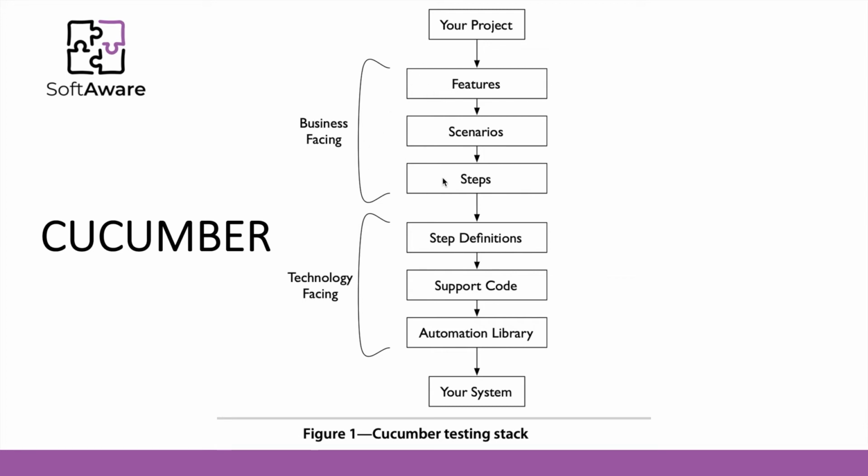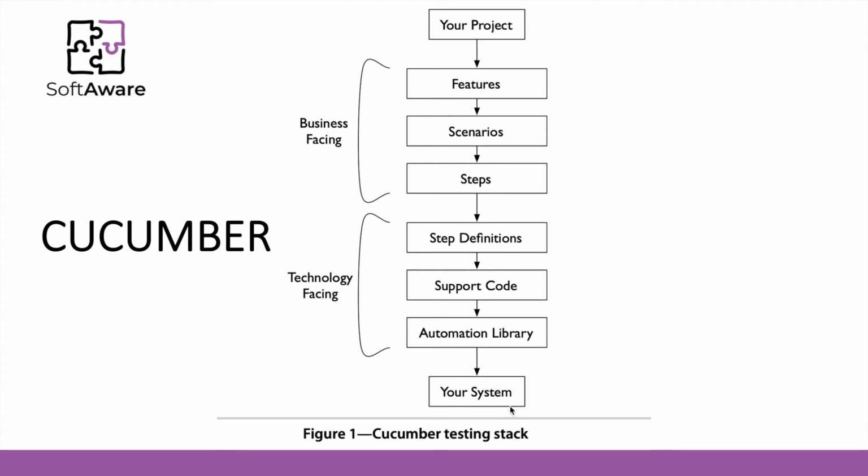first 3 steps. Then we have the technology-facing step, where we have to find step definitions, which are methods in code that are mapped per step. Then for each step definition, we have to write the support code, and the support code uses an automation library that could be JUnit, for instance, to produce the results of tests passing and tests failing from our system.